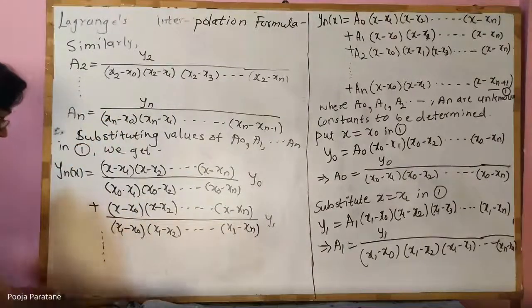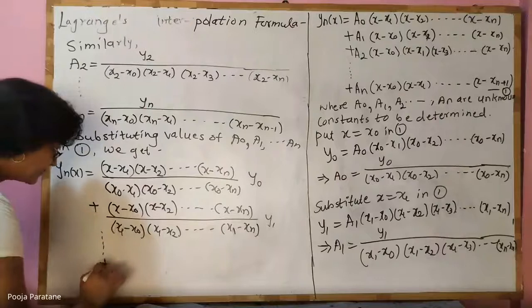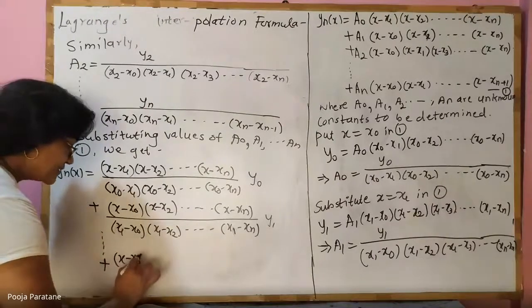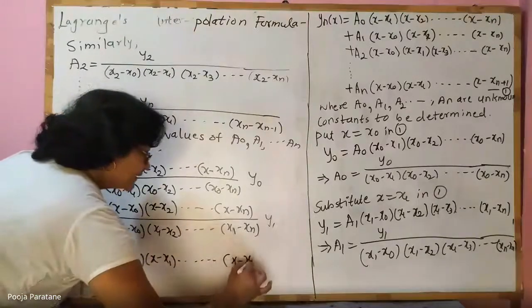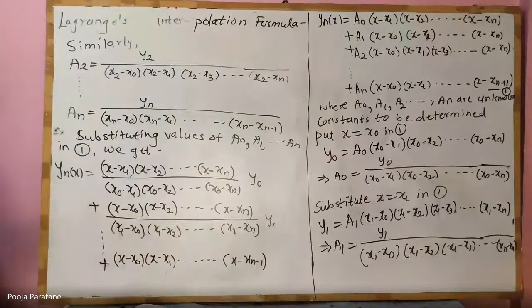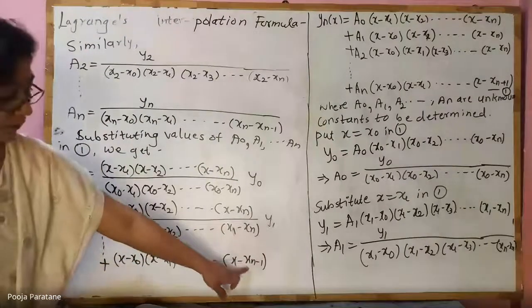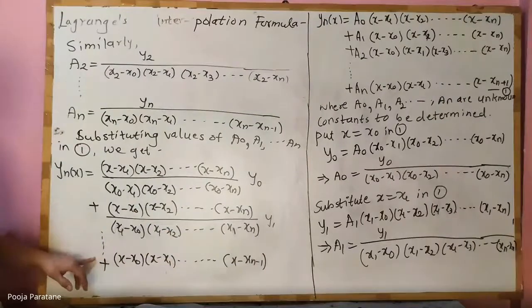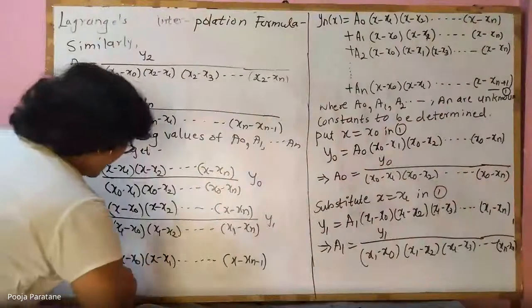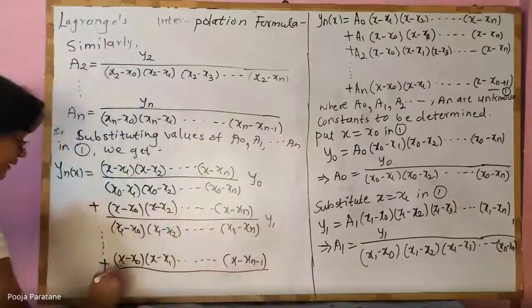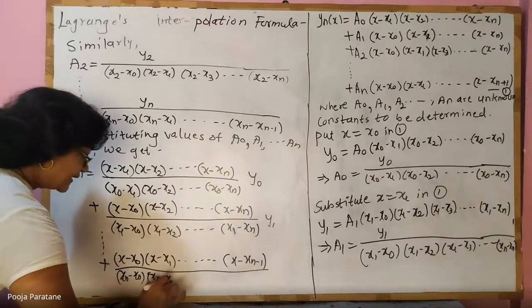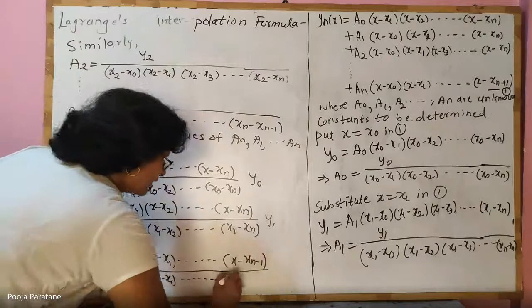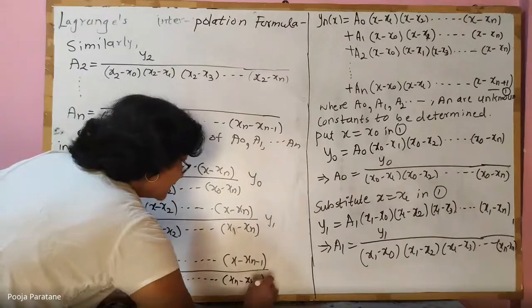Similarly, we can write down the nth term as x minus x0, x minus x1, up to x minus xn minus 1. Just write it carefully here, up to x minus xn minus 1, because we are writing the last term which is related to the point xn, yn upon xn minus x0, xn minus x1, up to xn minus xn minus 1 into yn.